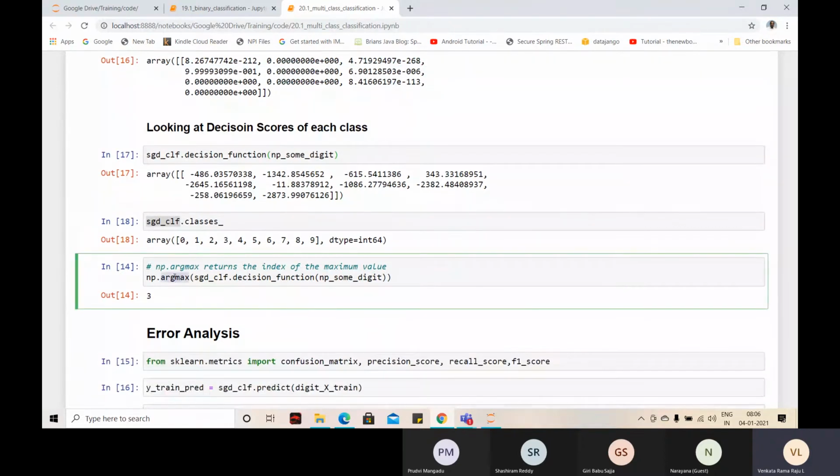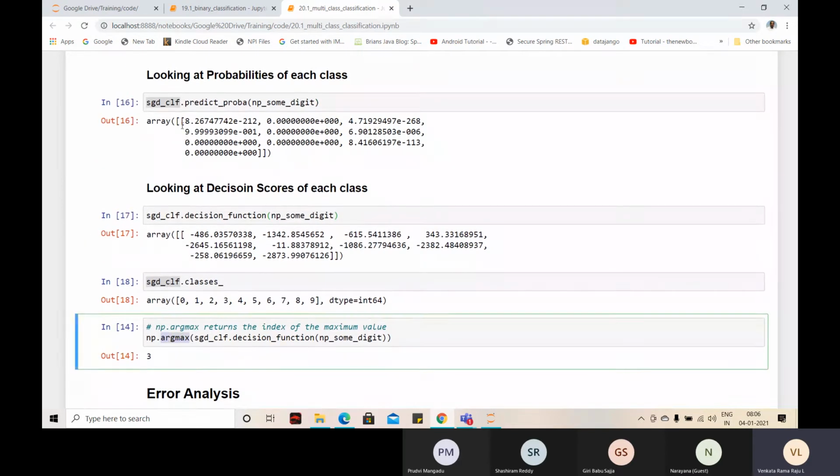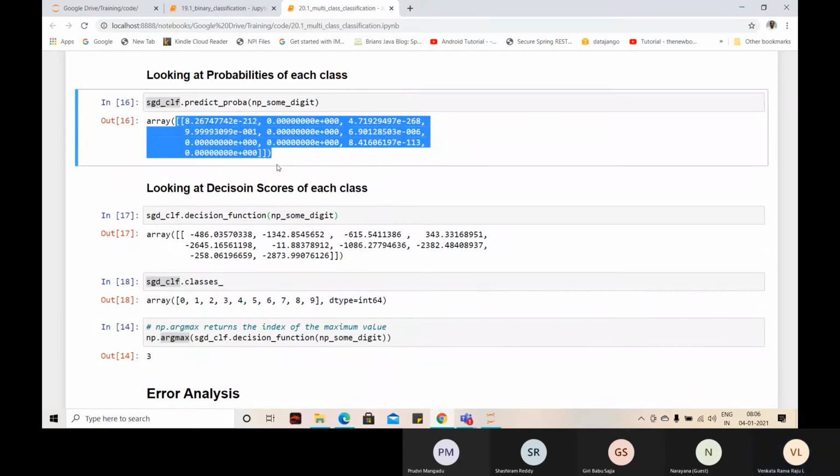In NumPy there is a method called argmax. argmax will give you the index of the array where the value is high. If you do argmax here, what will you get on this array?